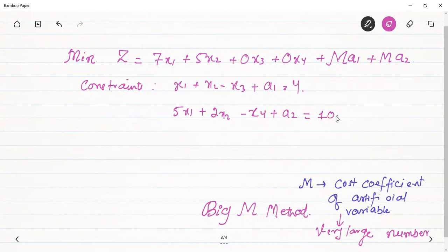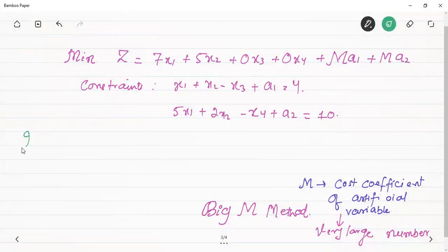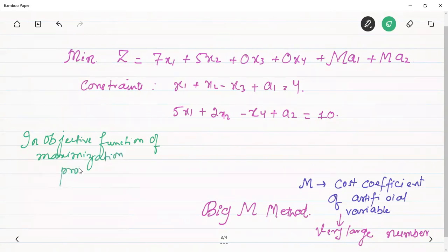Now see here, I will write another statement. In the objective function of a minimization problem, Ma1, Ma2 are added.